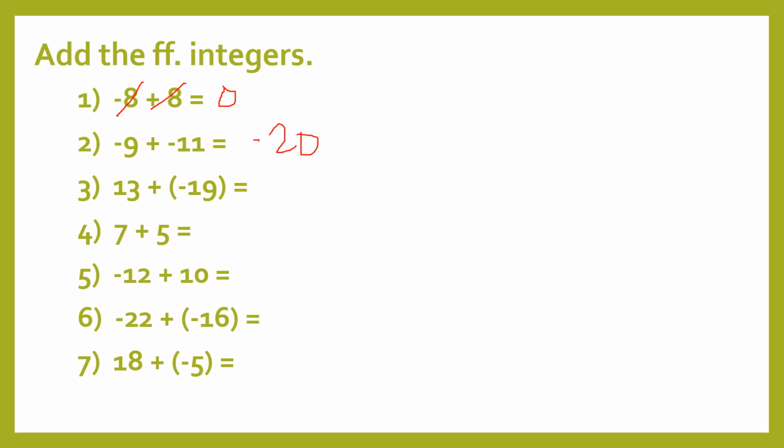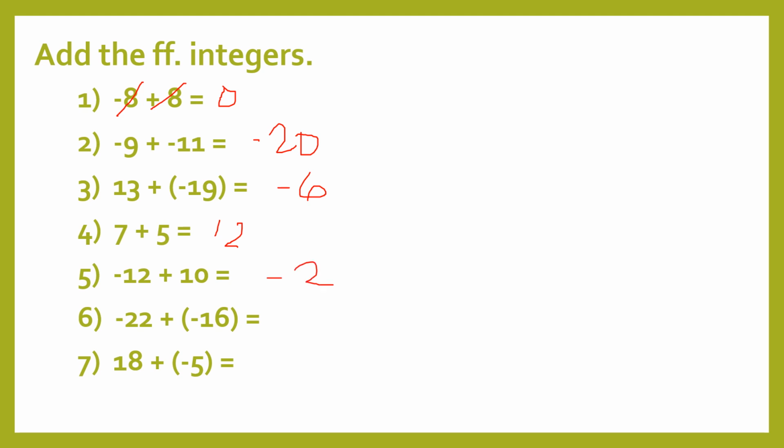So you just add and copy the common sign. Positive 13 plus negative 19 is negative 6. Why? Because negative 19 minus 13 is negative 6. Negative 7 plus negative 5 is equal to negative 12. Negative 12 plus 10 is negative 2.